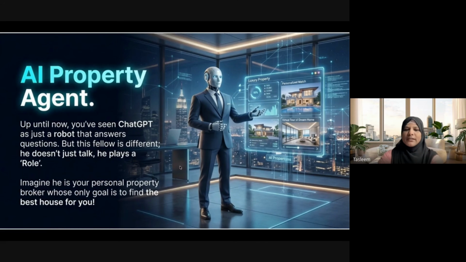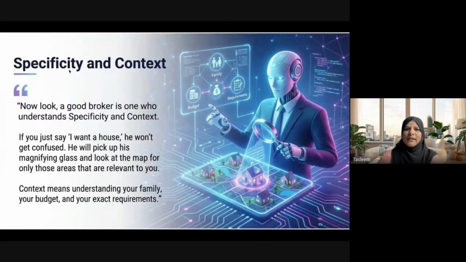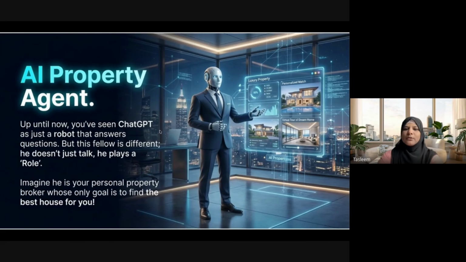Then after that, what will the agent do? The agent will take all your specifics and the context, like what it is that you're looking for. It will collect all that data and start looking for a house that meets your requirements. It will do all the searching, and it will have the property owners' details. Some owners will also be registered with him.